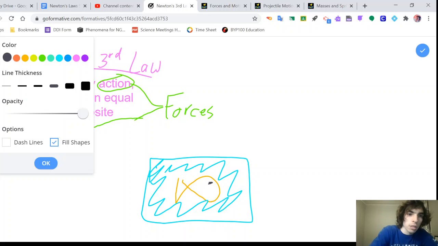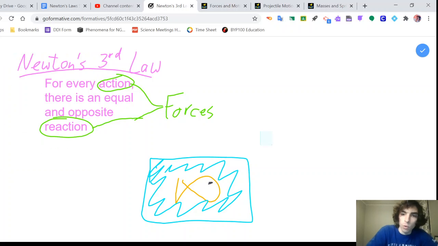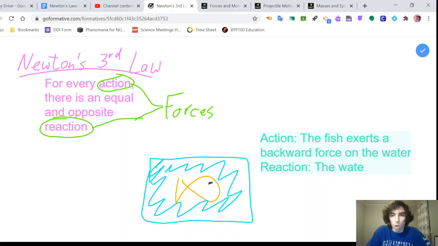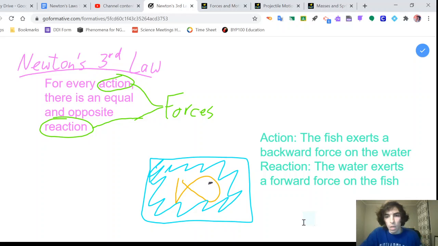In this action-reaction force pair, the action is that the fish exerts a backward force on the water, and then the reaction is that the water then exerts a forward force on the fish.